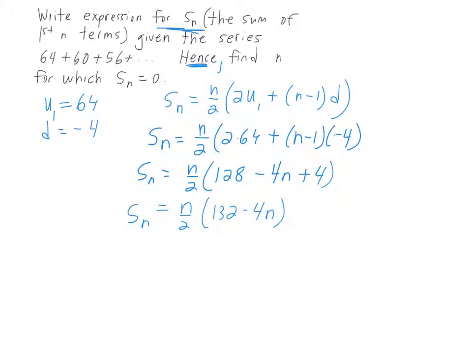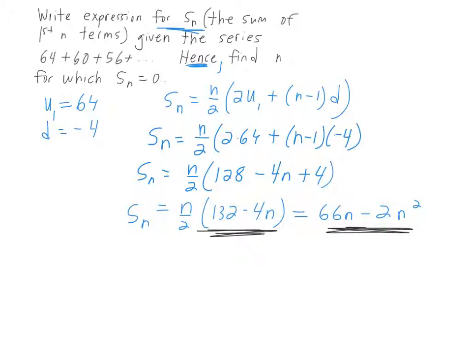And if we took it a step further, if we were to distribute that n over 2 to those terms, we could turn this into 66n minus 2n squared. Either one of these expressions is acceptable, either the one in factored form or the one in simplified form.